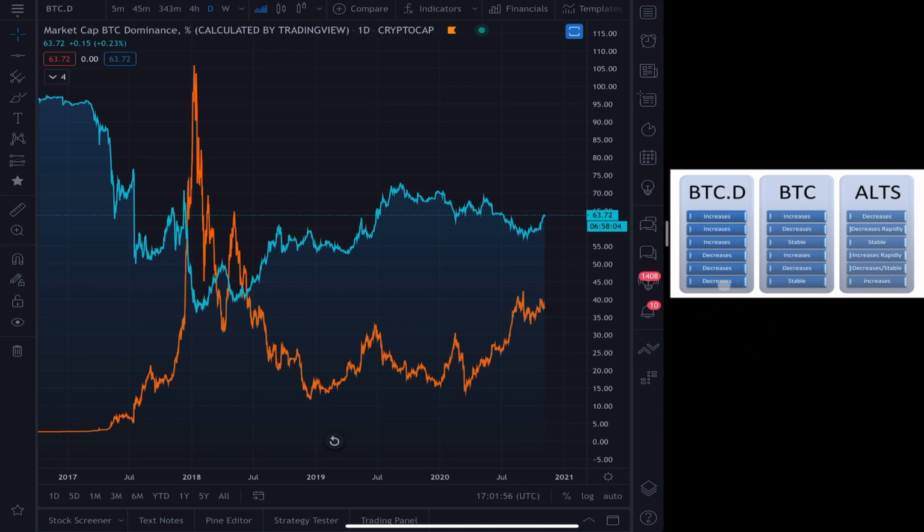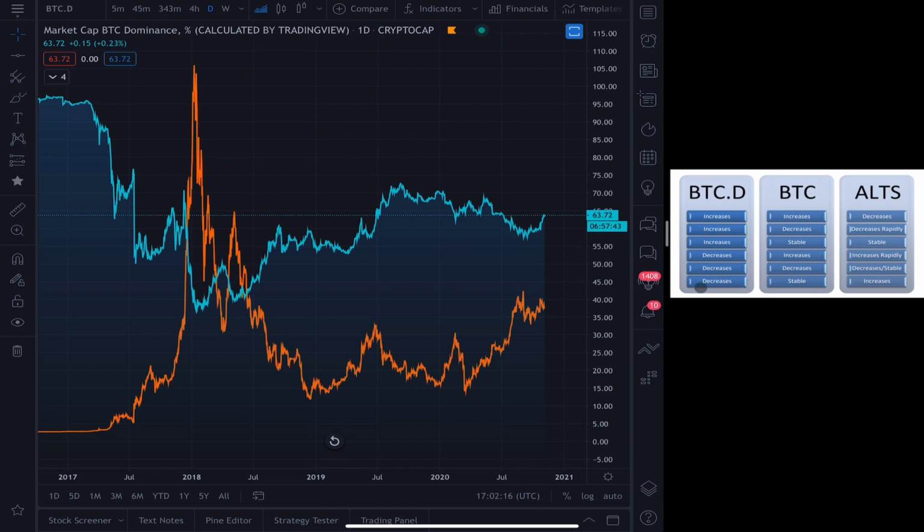Then we have Bitcoin dominance decreases while the price of Bitcoin is stable. This is very common. When Bitcoin is consolidating, it typically consolidates for quite a bit. And this can go on for a month, month and a half, 2 months. It can consolidate for a very long time.